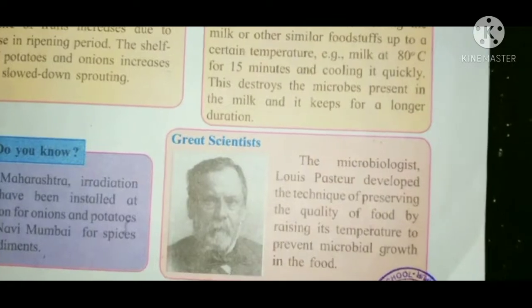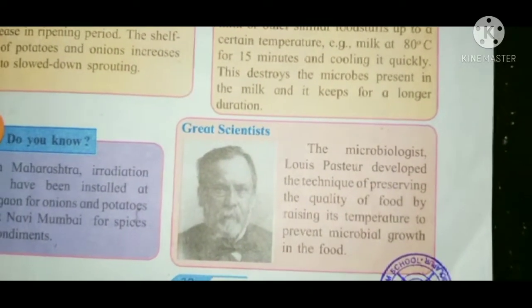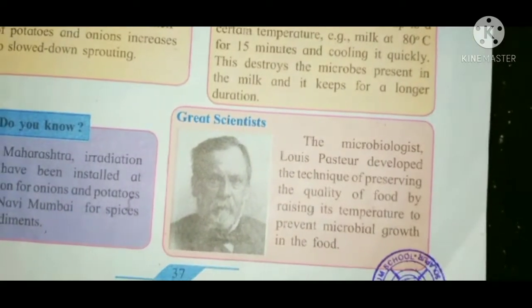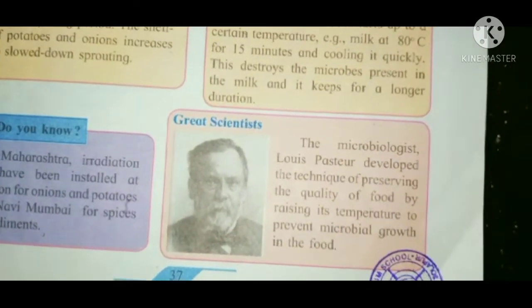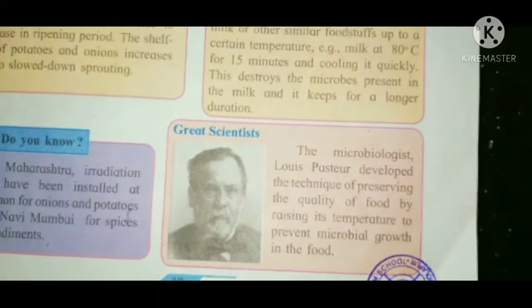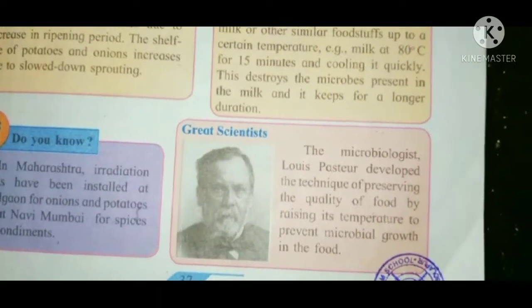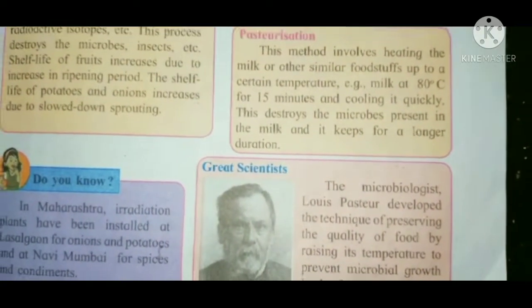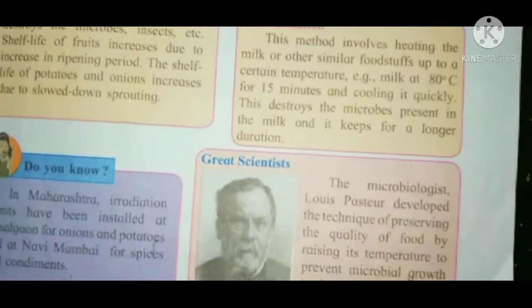The microbiologist Louis Pasteur developed the technique of preserving the quality of food by raising its temperature to prevent microbial growth in the food. So who is that scientist? The scientist is Louis Pasteur.